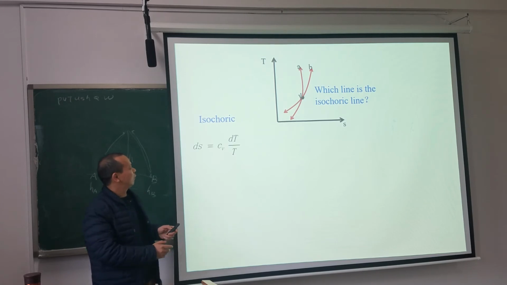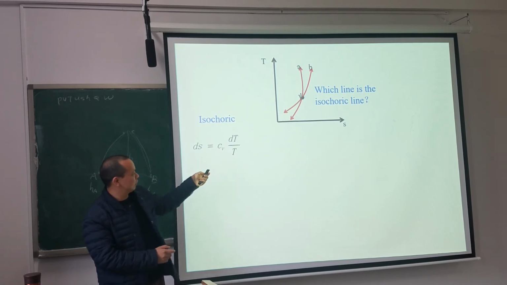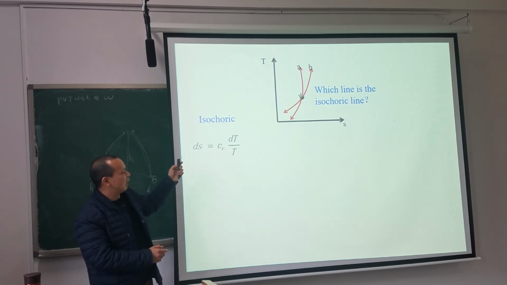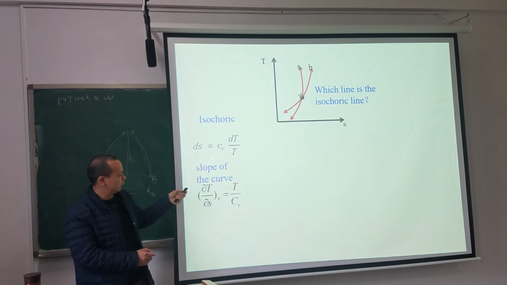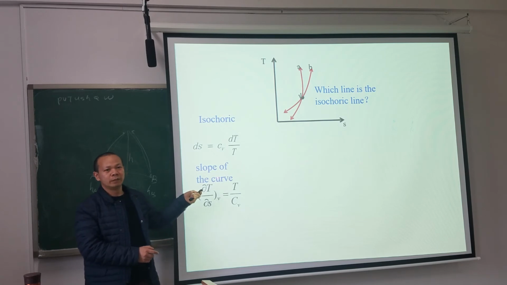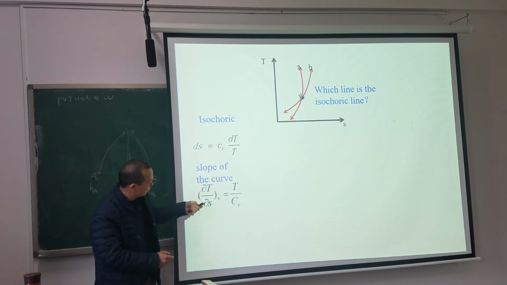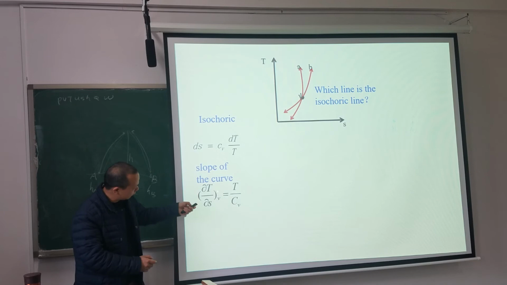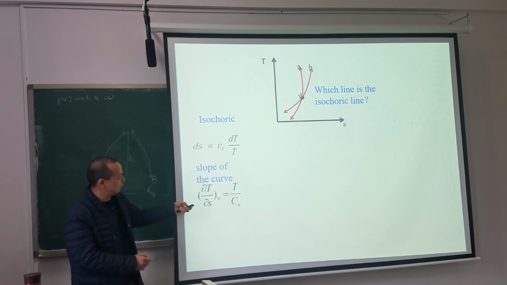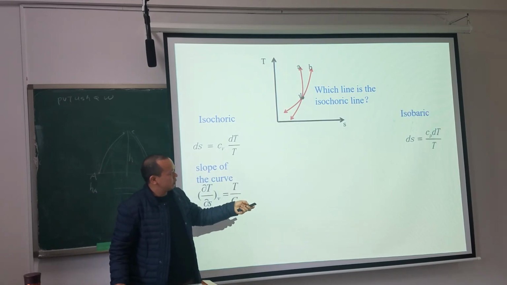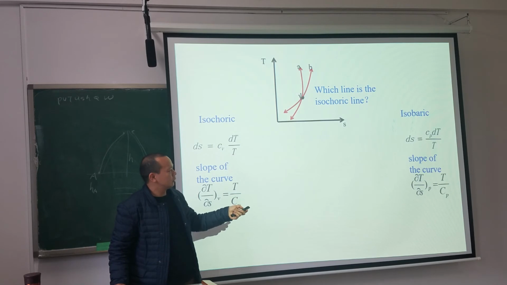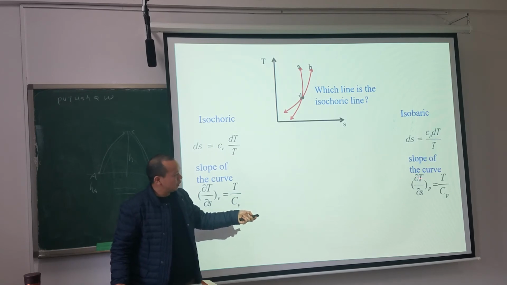For the isochoric process, we can try to calculate the slope of the curve. Do you agree with this? This is the slope of the curve from this equation. For the isobaric process, we can also calculate the slope of the curve.